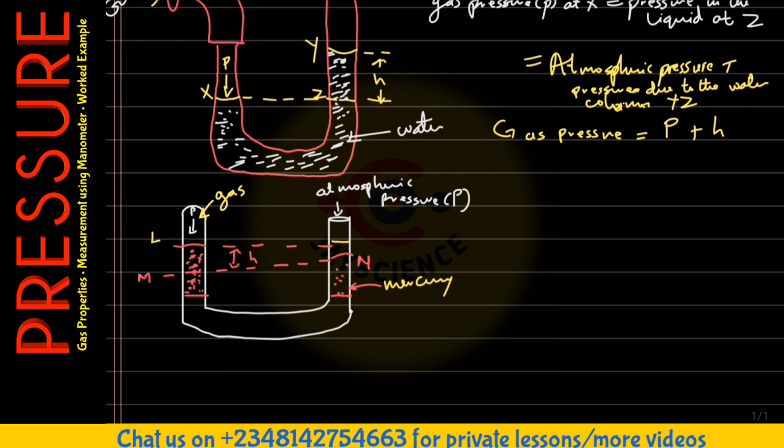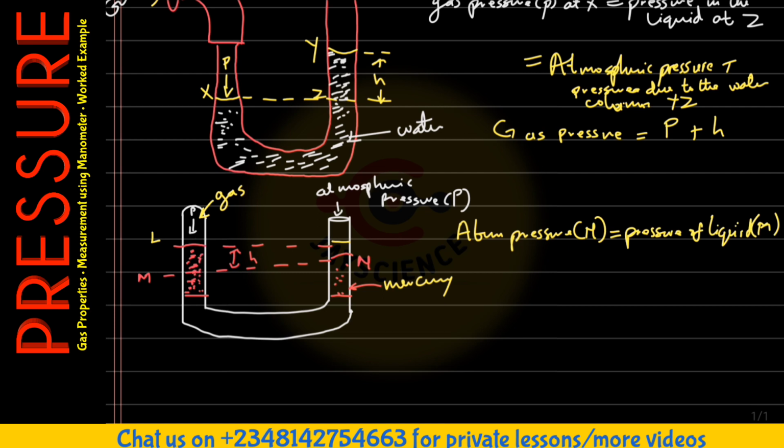If we want to calculate the atmospheric pressure at this point n, remember our previous discussion concerning how the manometer works. The pressure at n is also equal to the pressure at m. At n, what you have there is not the gas pressure but actually the atmospheric pressure. So we can say the atmospheric pressure at n is equal to the pressure of the liquid at m, at this point right here.